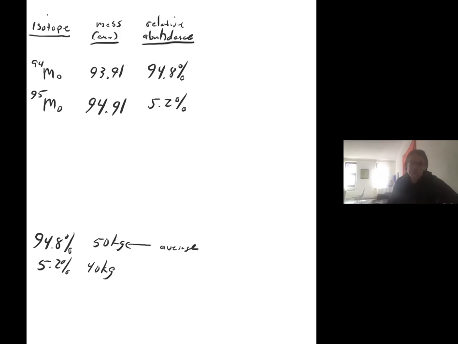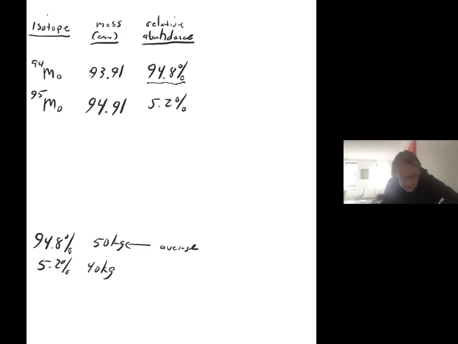Because if most of them weigh 50 kilograms, the average is going to be close to that. It's called a weighted average, right? So same thing here. When we do our weighted average, the average mass is going to be closer to 93.91 because almost all of the molybdenum is at 94.8. So it'll be closer to that.